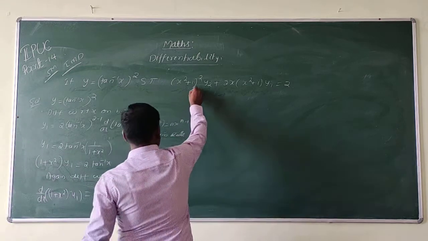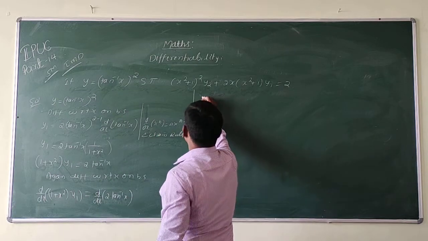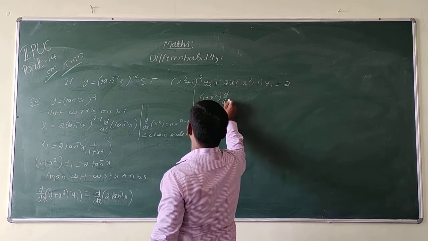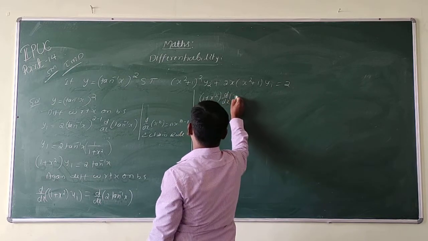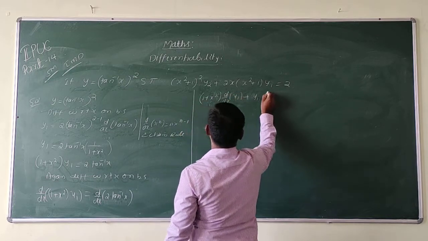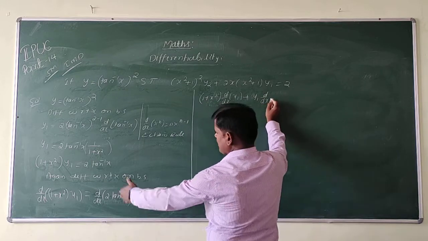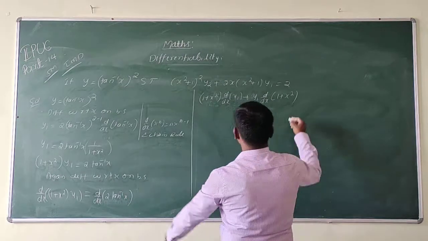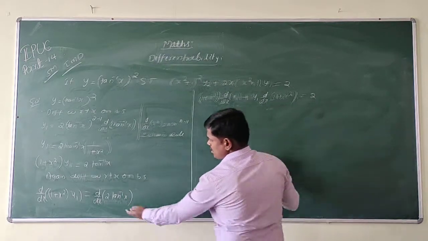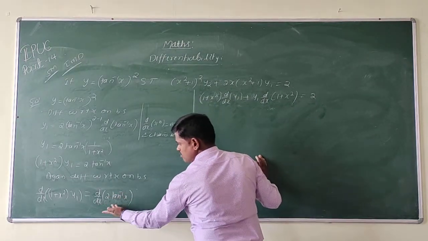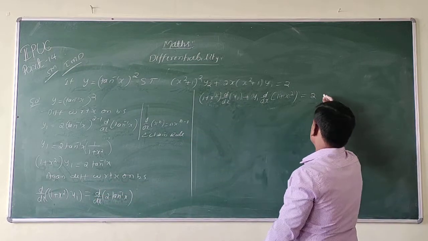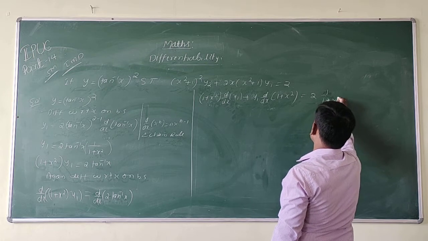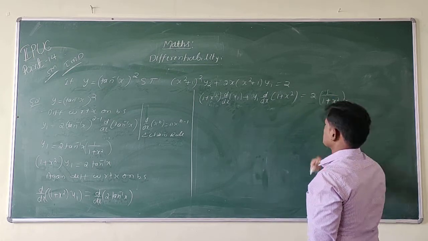So by using product rule, this can be written as 1 plus x square into d by dx of y1, plus y1 into d by dx of 1 plus x square, is equal to 2 into differentiation of tan inverse of x. 2 is constant, take it outside. That is d by dx of tan inverse x, which is 1 by 1 plus x square. Is it clear? 1 by 1 plus x square.